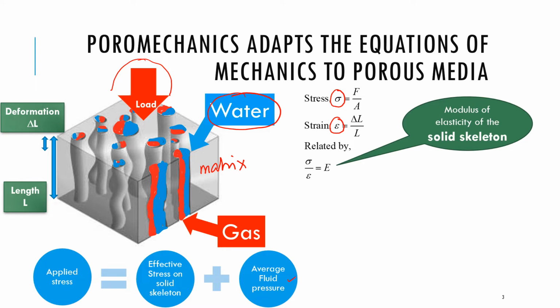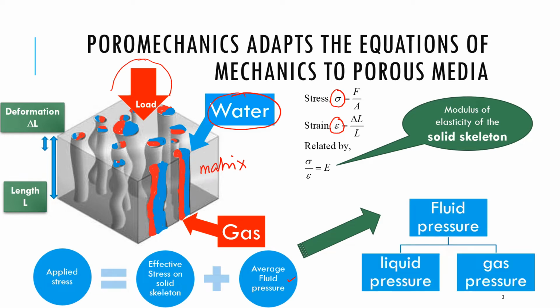And so from these equations, knowing the applied stress, we can relate effective stress on the solid skeleton to the fluid pressure. And where does fluid pressure come from? Fluid pressure is a volumetric average of the liquid pressure and the gas pressure that comes from transport computation.